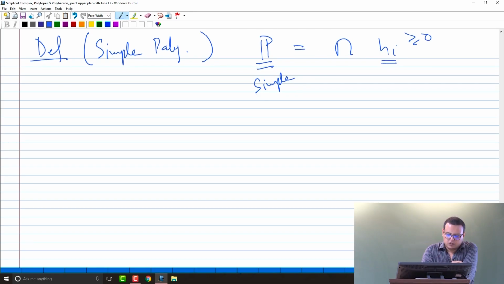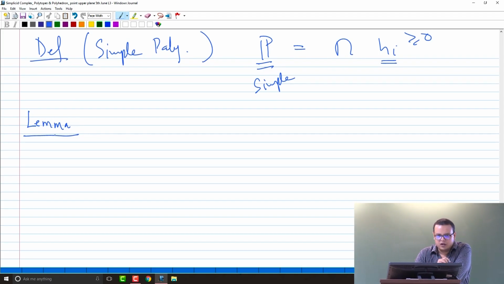Let me just mention one result, vaguely; I will not go into that detail. I will try to sketch a proof of some duality result between Voronoi and Delaunay and lifting, but I will need this one small result tomorrow, for simple polyhedra.